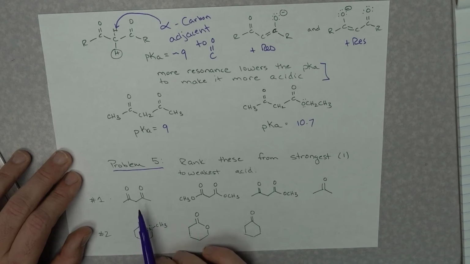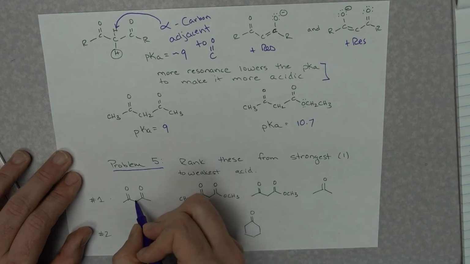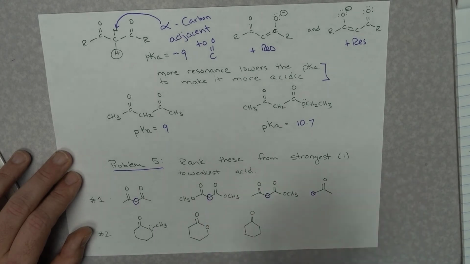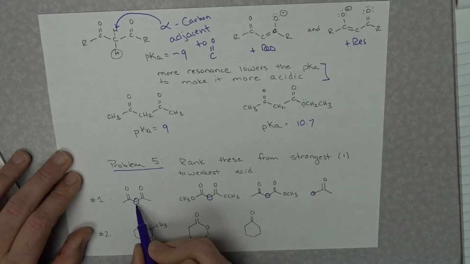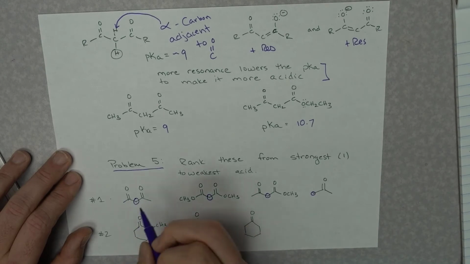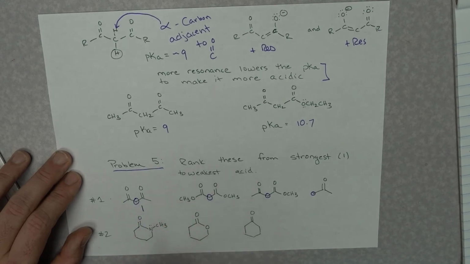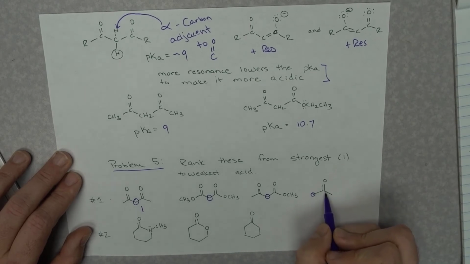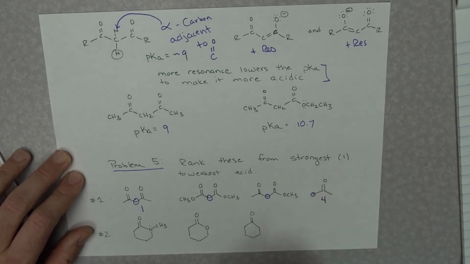This diketone, I think, is going to be the strongest of the acids, and this is the alpha carbon we're looking at in each case. Here we've got this one between these 2 carbonyls, so this will be our strongest. This does not have a diketone, so this will be our weakest.